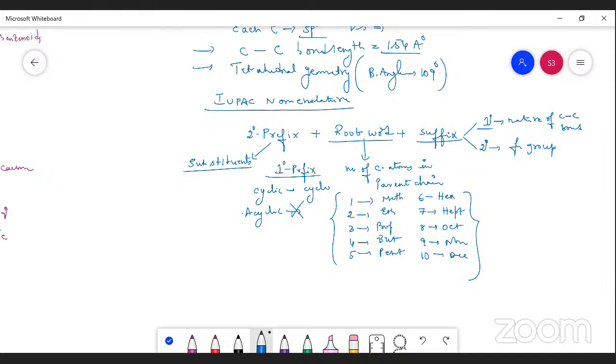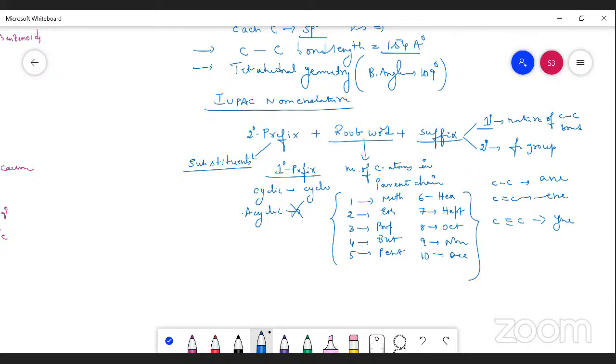Suppose the C-C bond is only single bonds, the primary suffix is ane. If a C-C double bond is there, the primary suffix is ene. If a C-C triple bond is there, then it is yne.